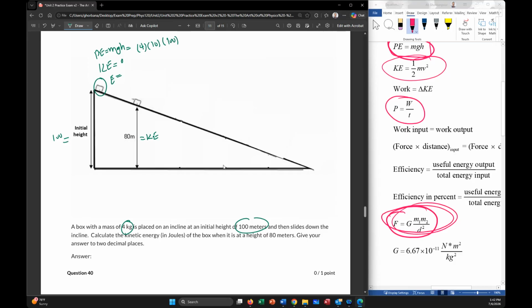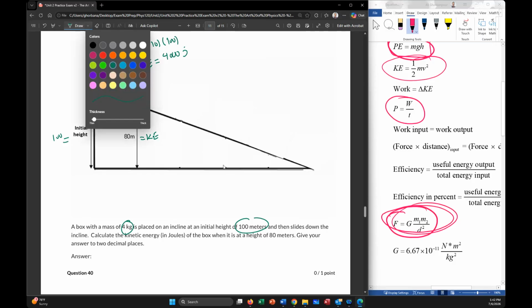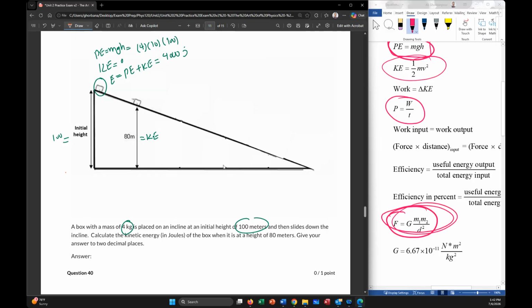So what is the energy on the top then? E total is going to be PE plus KE, which is going to be 4,000, yes? Plus 0 is going to be 4,000 joule. So when the total energy is 4,000 on the top, the total energy is 4,000 everywhere, yes?